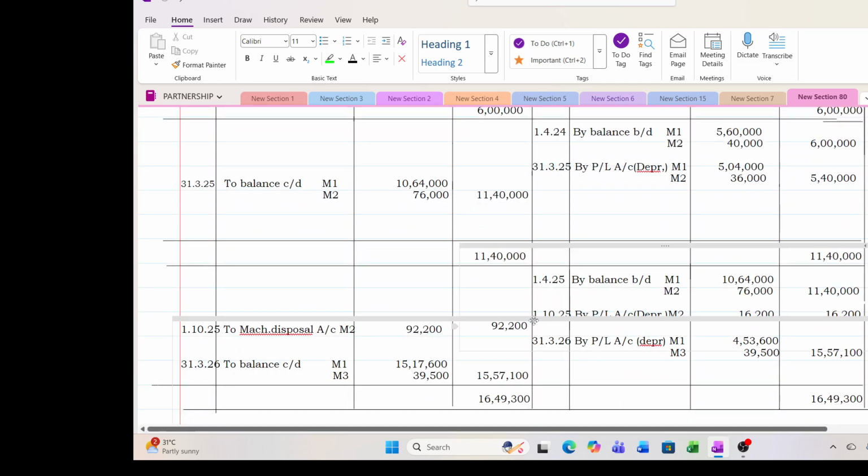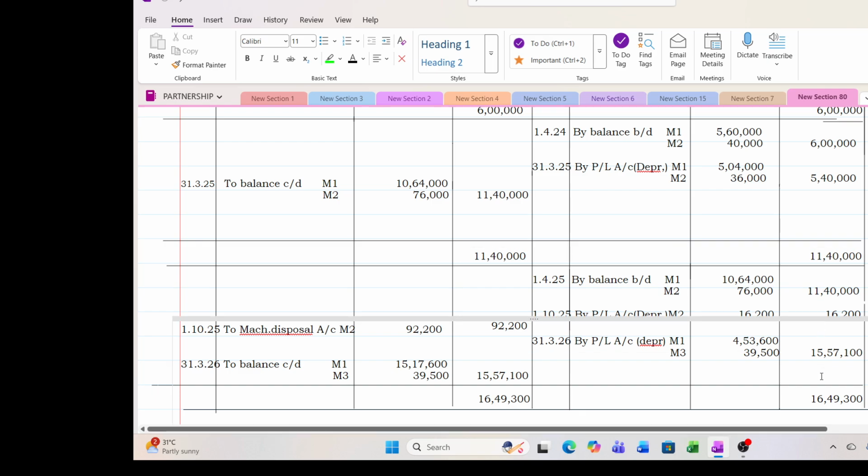See here in the depreciation account, M2 is provided depreciation from April 25 to 30th September, that is for 6 months, 16,200, and on the date of 31/3/26, for the rest of the machines, M1 4,53,600 depreciation, and M3 39,500 for half a year.